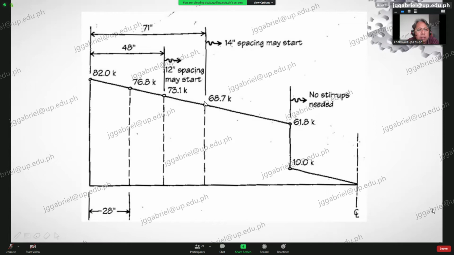So it's approximately in here. We will have to locate where that is. How do we get that 71 inches? Let's do some geometry.